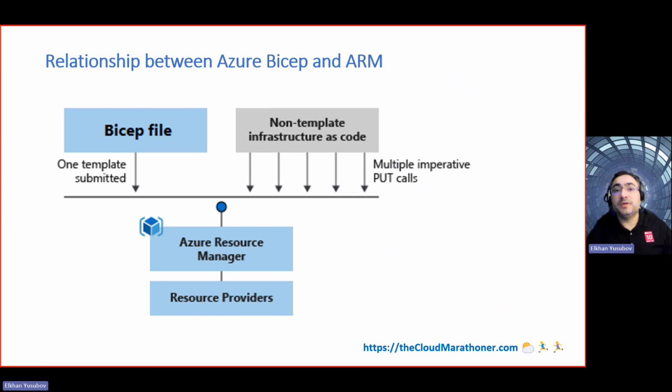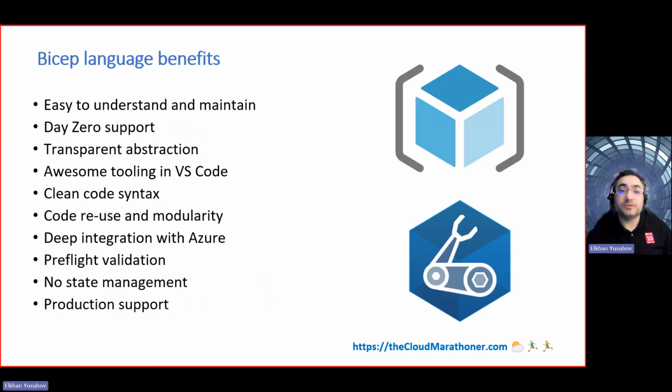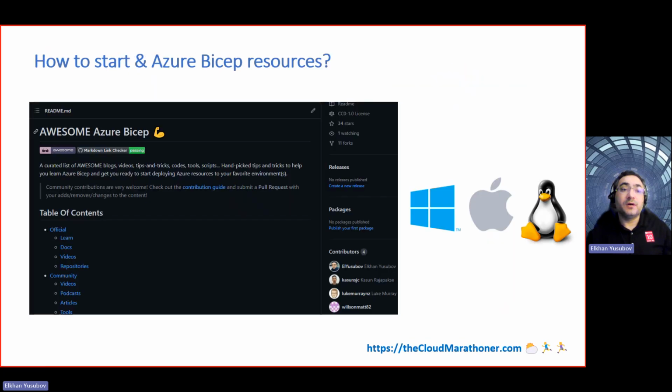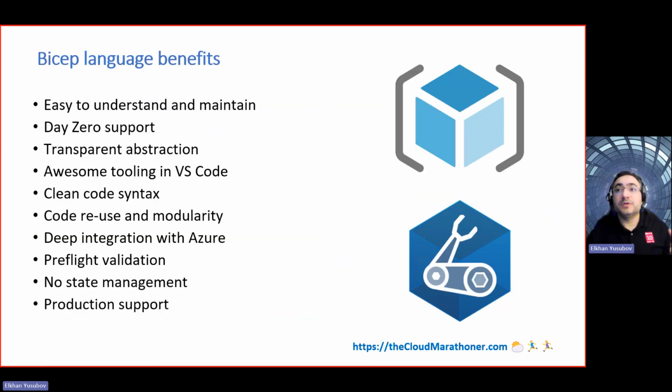Now, you may be skeptical about starting to learn this new language, but let me give you more than 10 reasons why it's going to be beneficial for you to start learning the Azure Bicep language. So first of all, Bicep is easy to understand and maintain because it has a much smaller learning curve compared with ARM templates or any other infrastructure as code provisioning language.